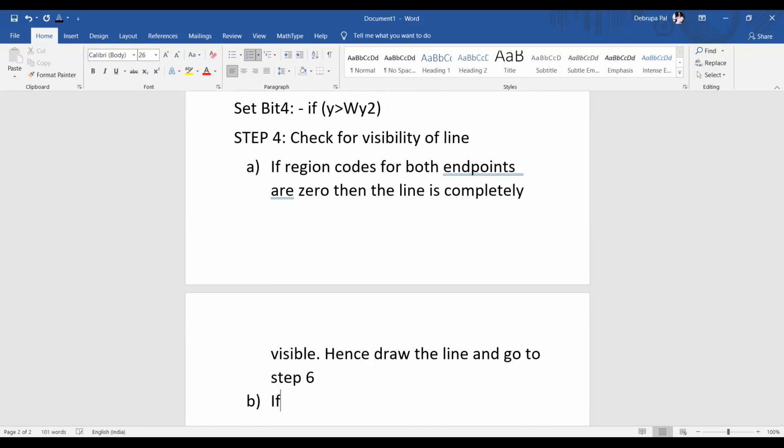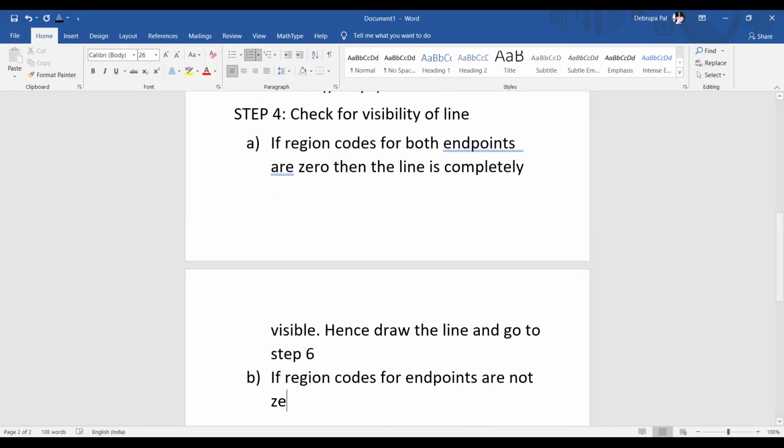Next, if the region codes for the endpoints are not 0, what will happen if the region codes for the endpoints are not 0 and the logical AND of them is also non-zero?